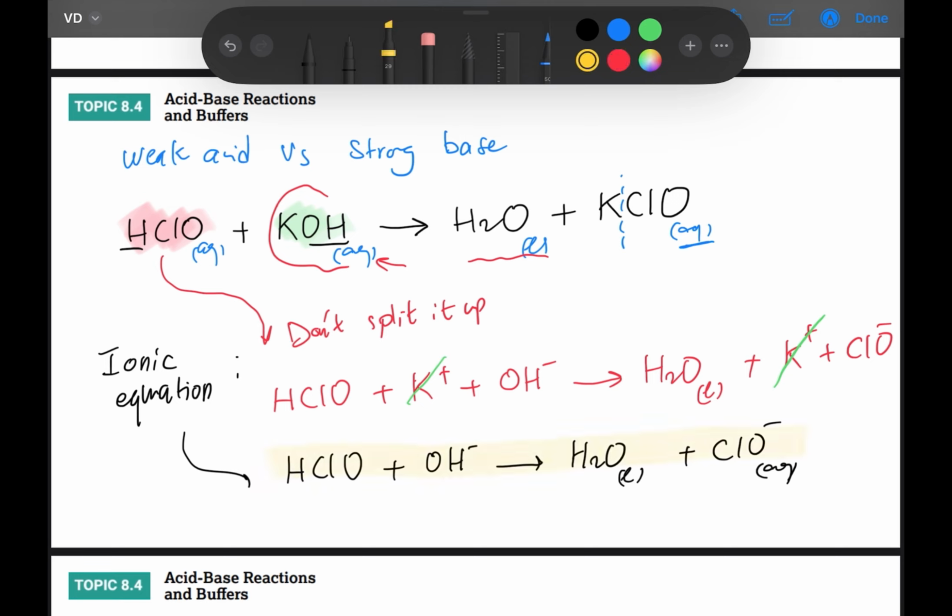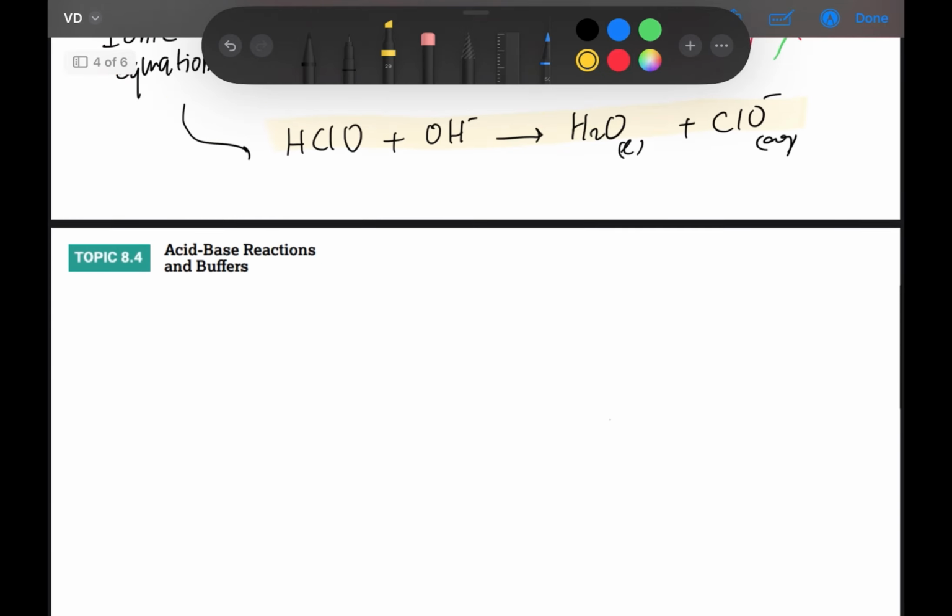Now let's see what is given here. The question says we're given 35 milliliters of 0.2 molar hypochlorous acid, and for hydroxide, we have 25 milliliters of 0.25 molar.